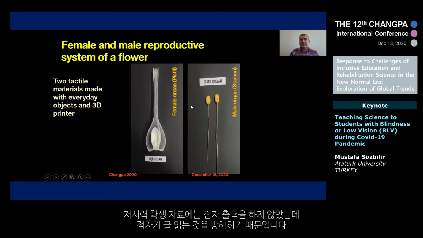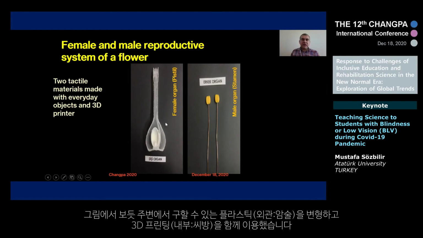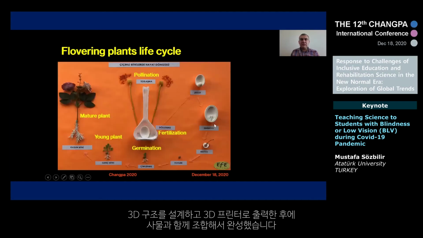We also used everyday materials and 3D technology to print them together, some of the materials you can see here. We also adapted some of the materials available in our hands with plastics, and we also designed some of them in 3D, then printed them with the 3D printer and put them together.